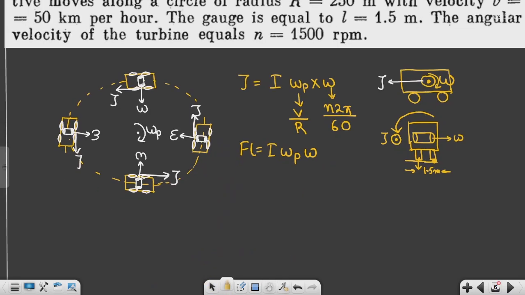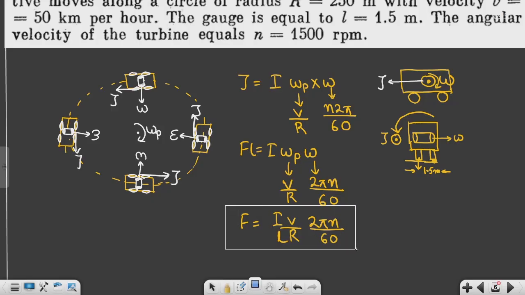From this formula, if you substitute all the values, v by r, and omega as 2 pi n by 60, we get the value of force. Force is equal to I v by r into 2 pi n by 60 divided by L.